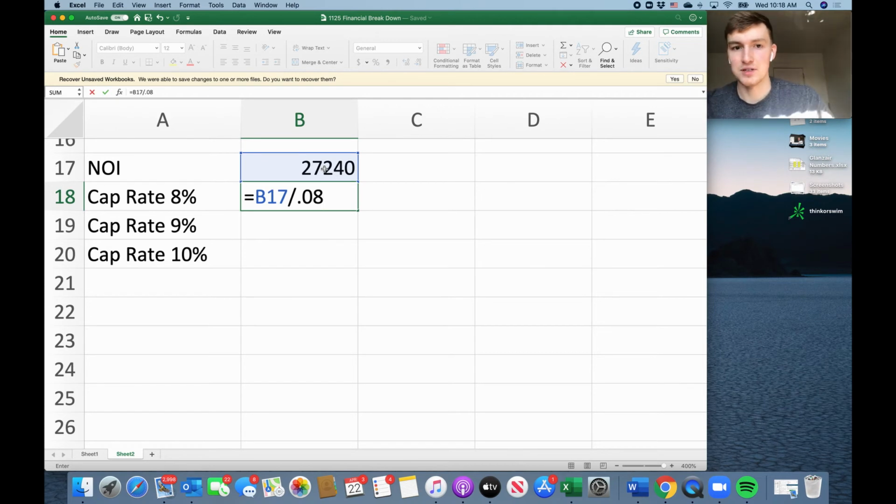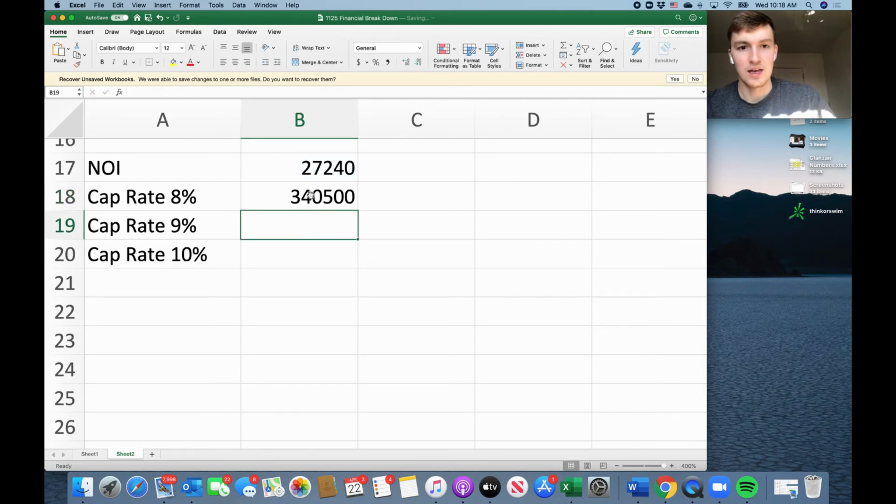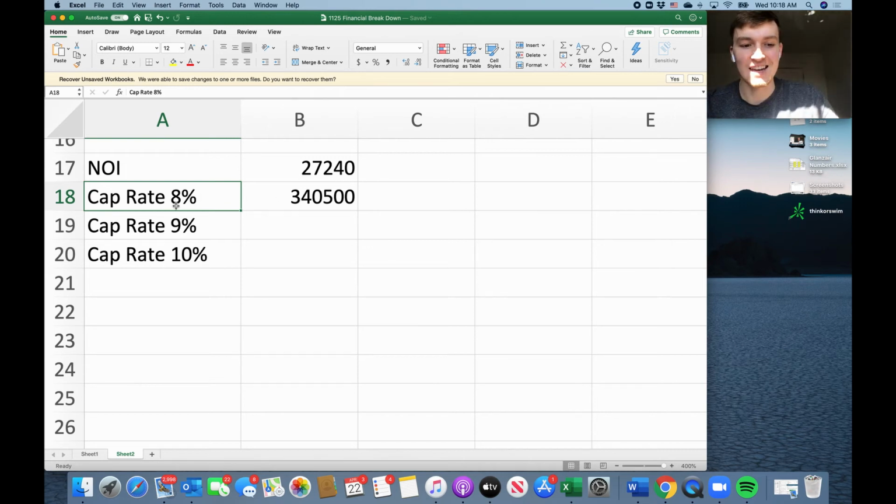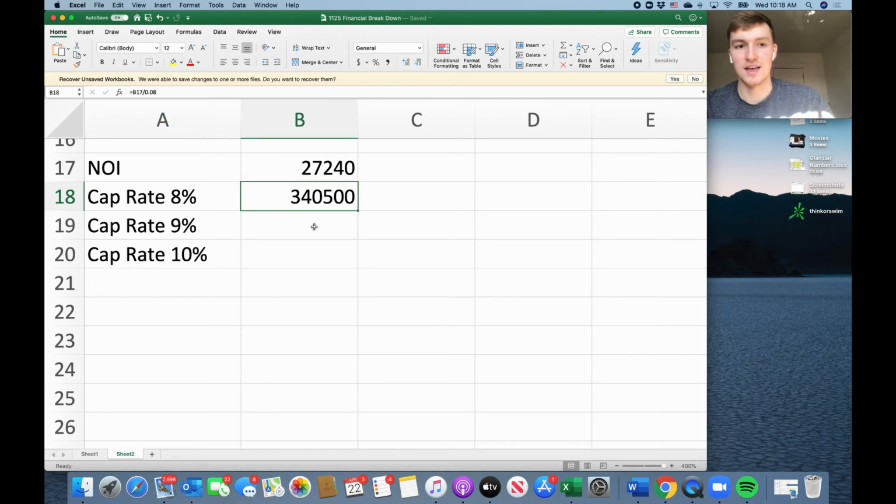That is 8%. So if that's the case, this house is worth $340,000 at an 8% cap rate, okay? So if your market is selling at an 8% cap rate consistently, the house is worth $340,000.